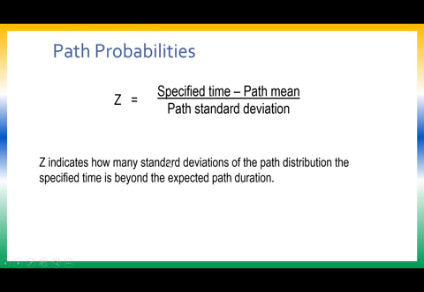I know that you people will not understand this statement. For your understanding, see, we are going with an assumption that your project follows normal distribution and Z is indicating the standard normal variate, SNV. Okay.